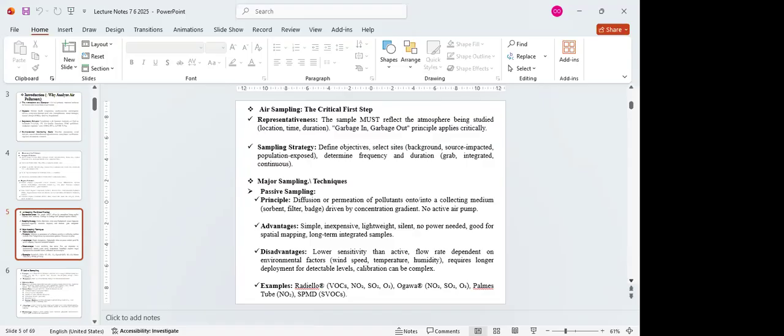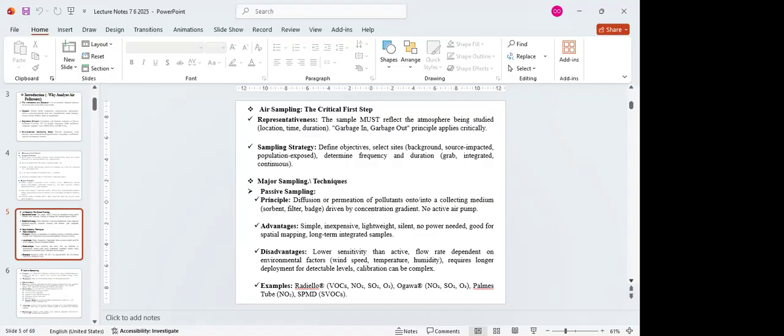For example, with the harmattan dust collection, you can place that over a period of one month, two months, or the period through which the harmattan season is there. And at the end, when the harmattan is receding, you can go and collect all the things you want to collect. So you can use it for a long-term integrated sampling approach.